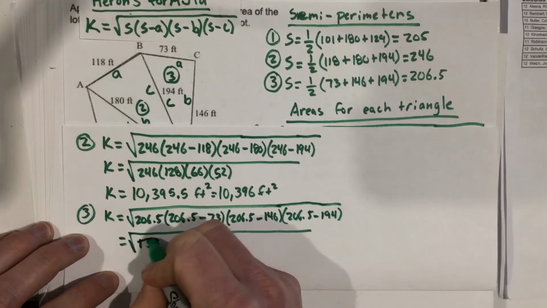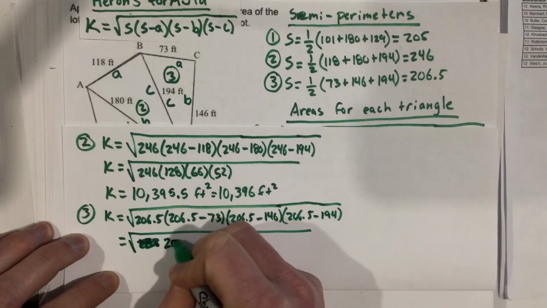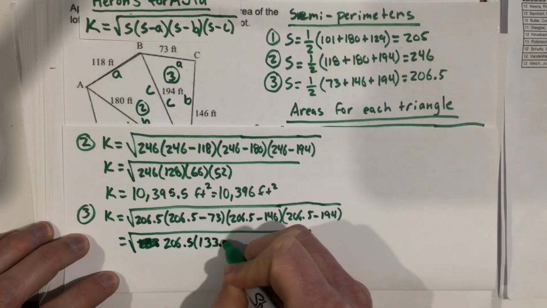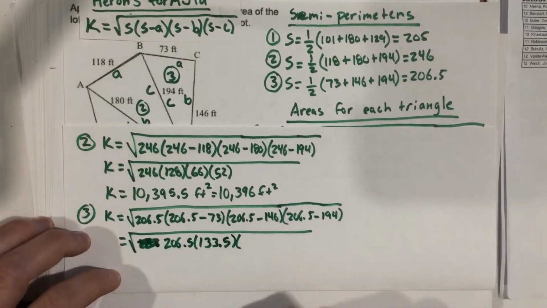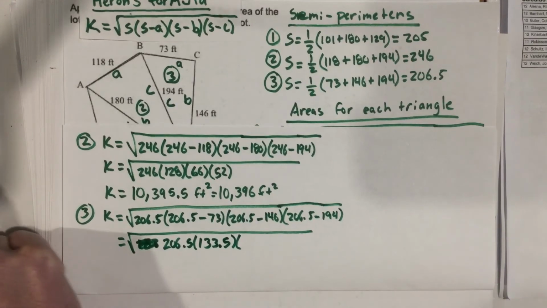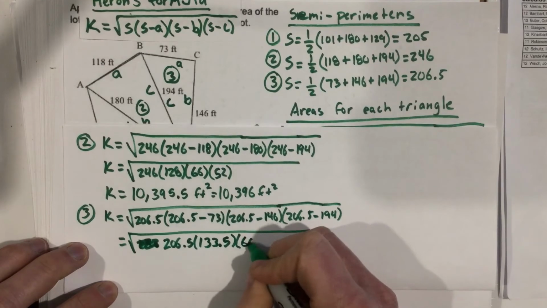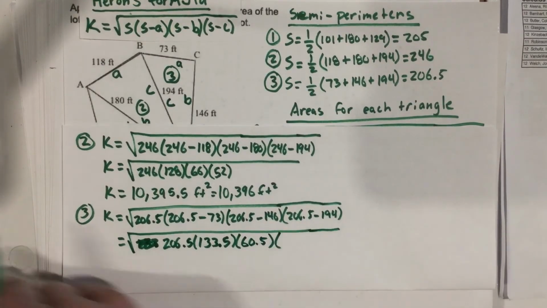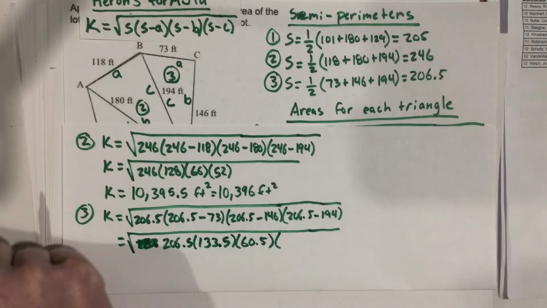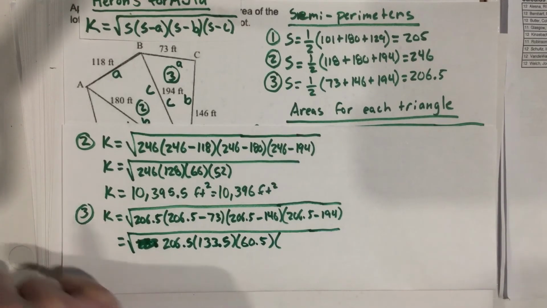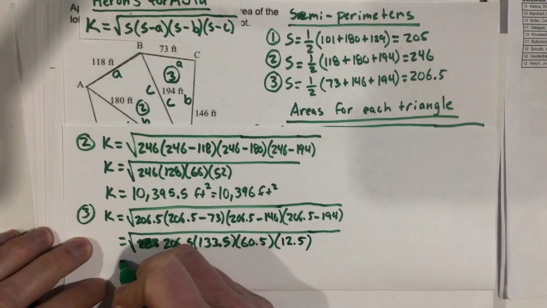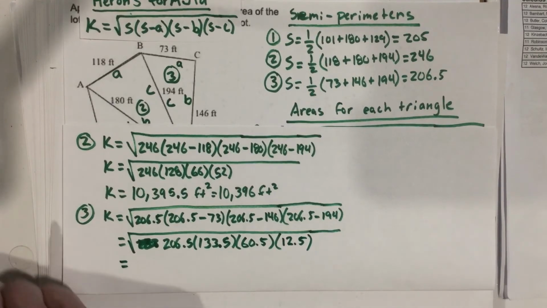206.5 times 133.5 times 206.5 minus 146. That's 60.5. And 206.5 minus 194. That's 12.5. And now we multiply all that in the calculator.